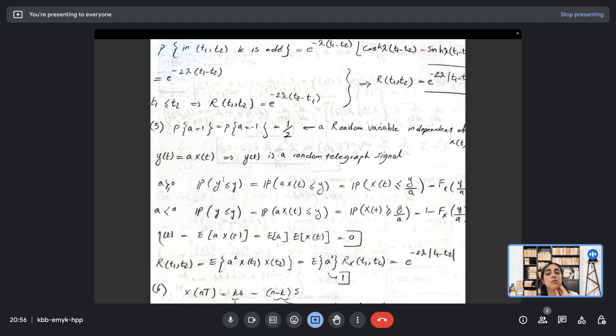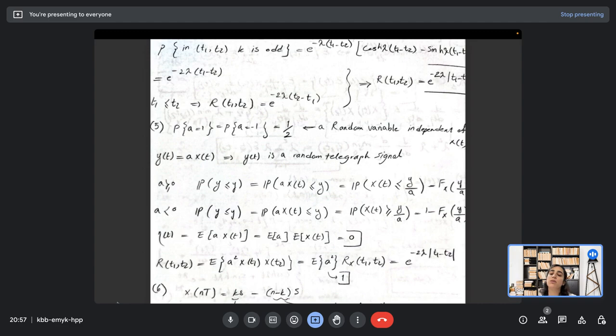Again, we can substitute the y, which is a Poisson process, with its formula, and we can find the f, which is the probability distribution function of x. And if a is smaller than 0, it's a negative number, the calculation is a little bit different, as you can see here. So we calculated the probability distribution function.